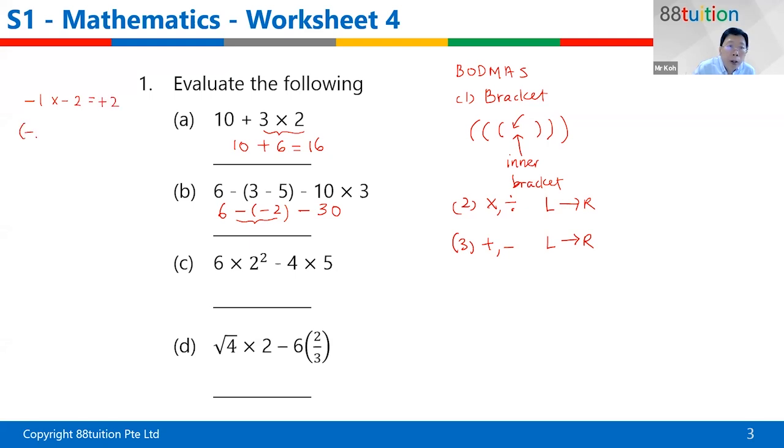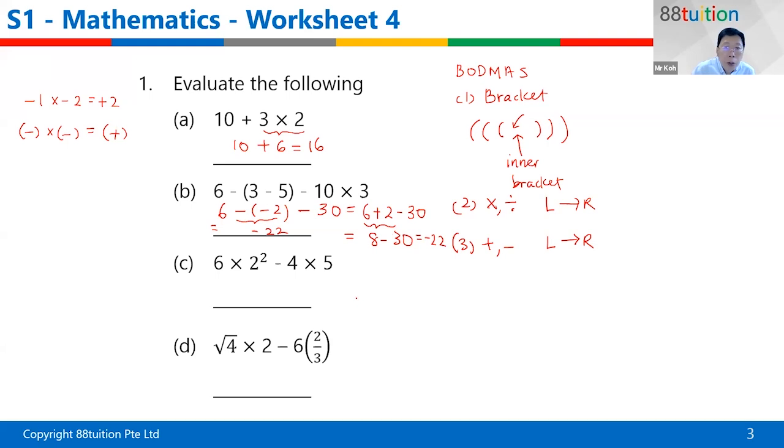So I put a bracket. When you have negative multiplied by negative, you get a positive result. So this will be 6 plus 2 minus 30. Your 6 plus 2 is 8, so 8 minus 30, your answer will be minus 22. So B is minus 22.